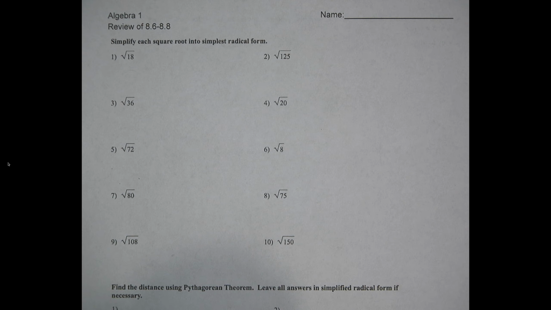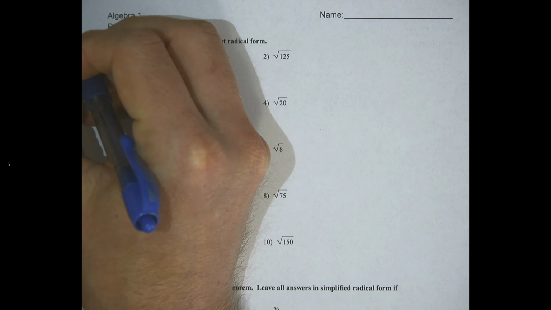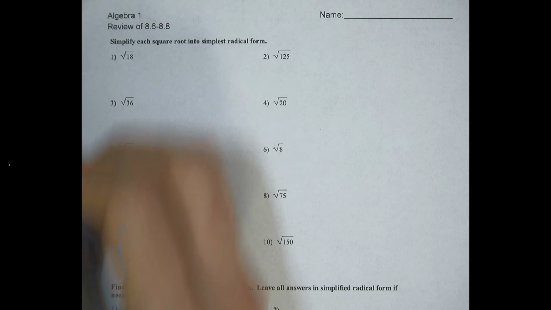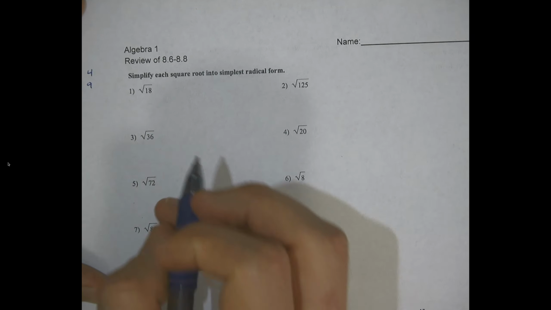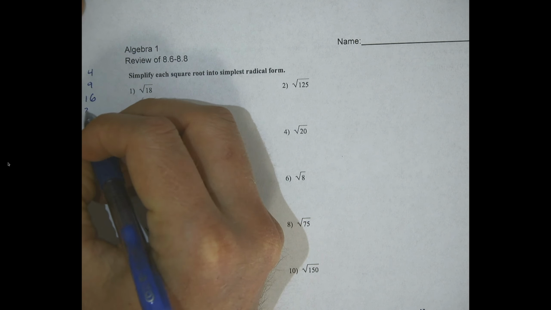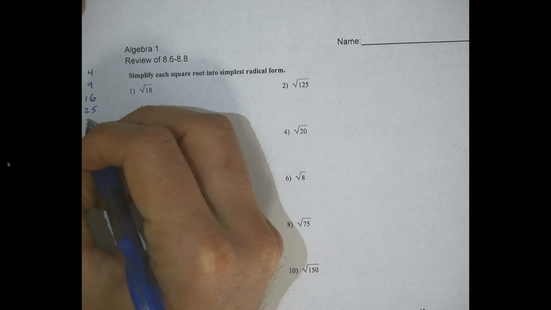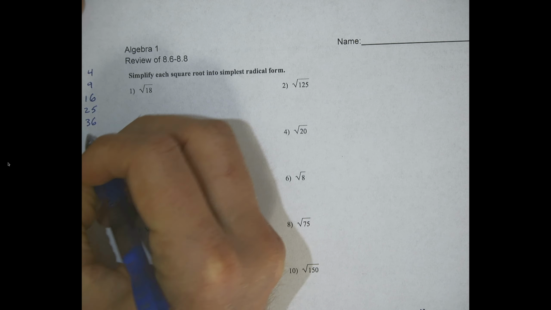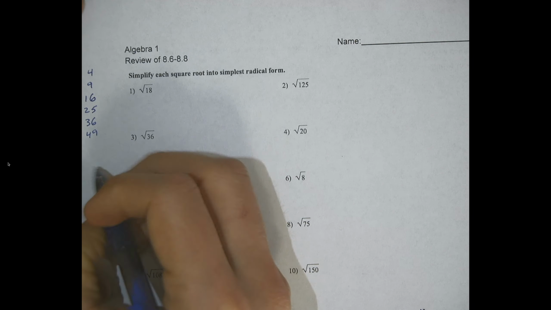So just a reminder, those numbers we're looking for are 4, because that's 2 times 2, and 9, because that's 3 times 3. 16, 4 times 4, 25, 36, 6 times 6, 49.